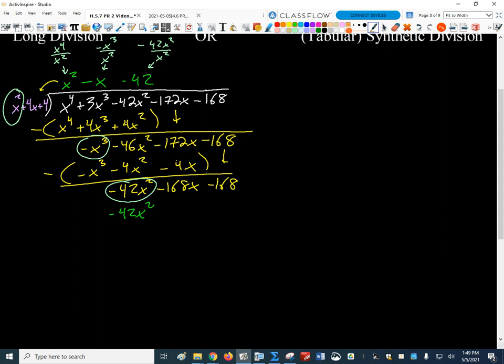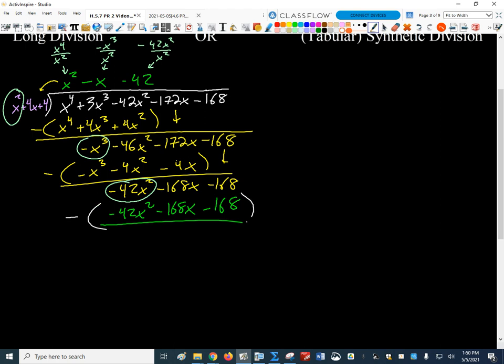I get negative 42x squared. That's going to be minus 168x, right? I'm multiplying negative 42 by 4x. So the 4, I just double and redouble. That gives me negative 168x and then minus 168. And so look what happens. Presto.